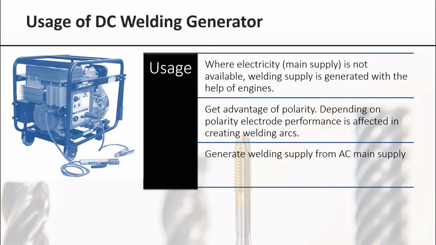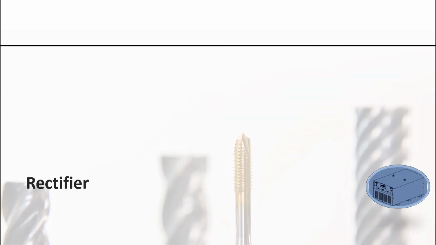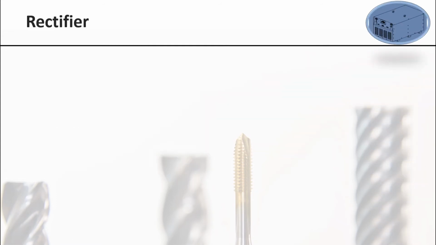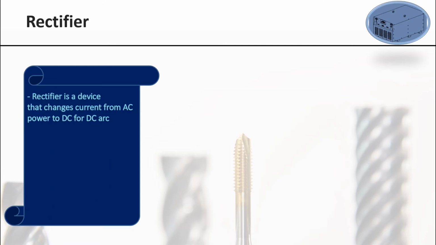First, welding transformers are a cheap form of electric power supply and give a maximum of 40 to 100 volts, where both input and output are AC. Second, a transformer based machine is good only for mild steel. Rectifiers. A rectifier is a device that changes current from AC to DC for DC arc.